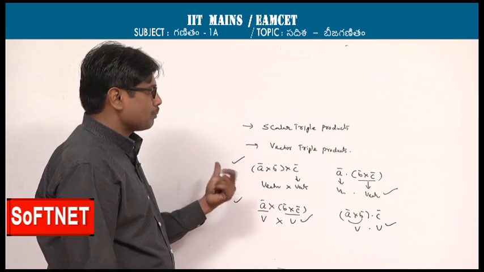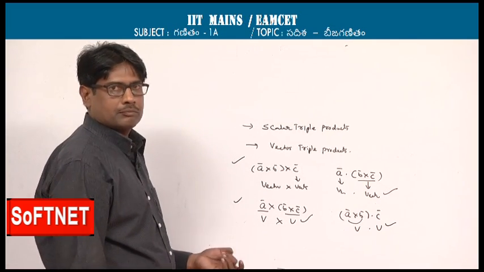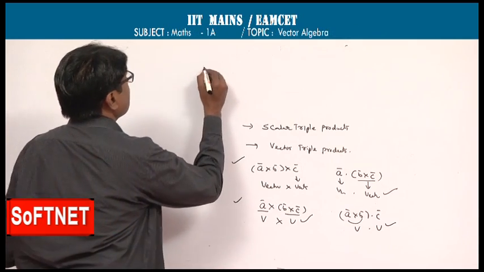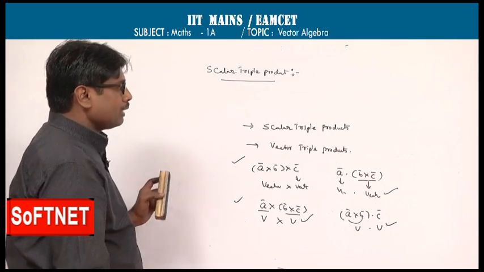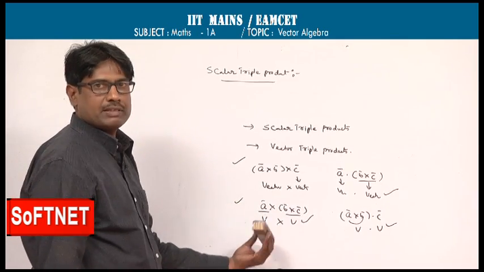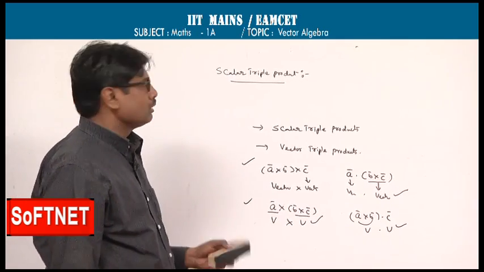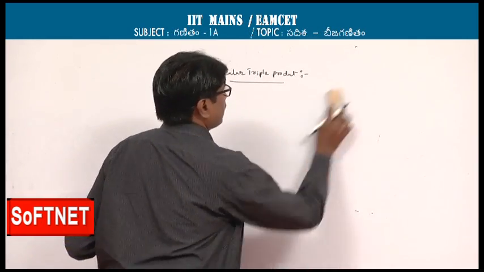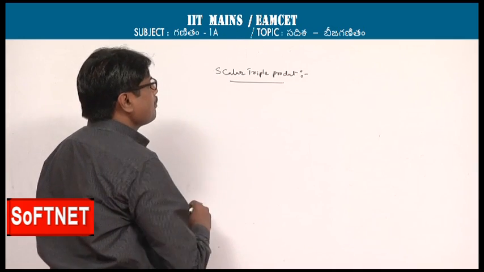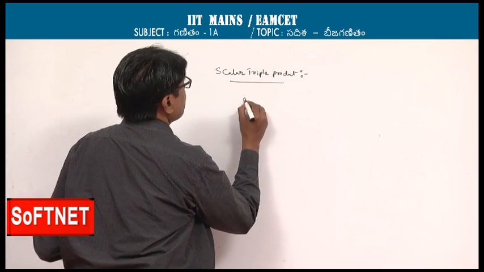What is scalar triple product? What is vector triple product? First we define scalar triple product. How to apply dot and cross between the three vectors, we have noticed in the previous example. Now the definition of the scalar triple product: a bar, b bar, c bar, any three vectors.